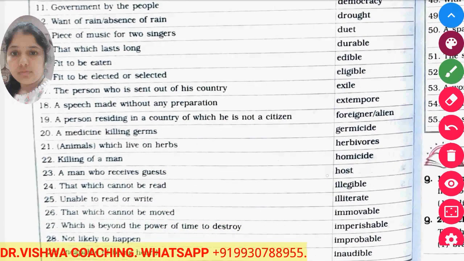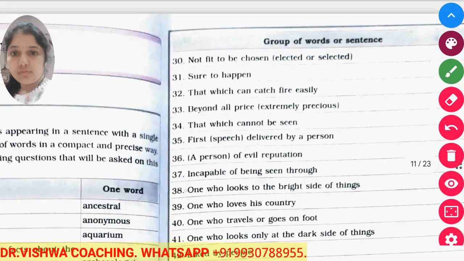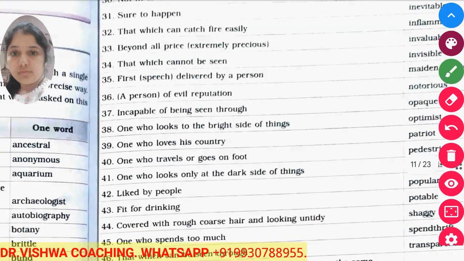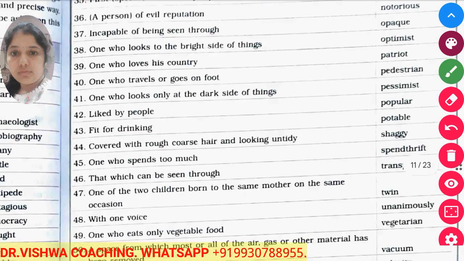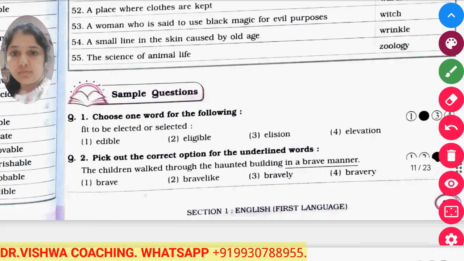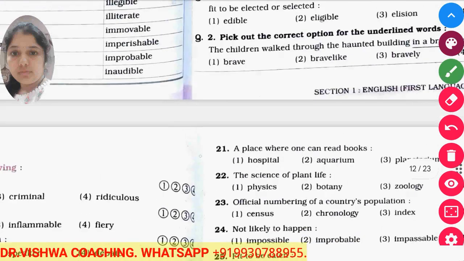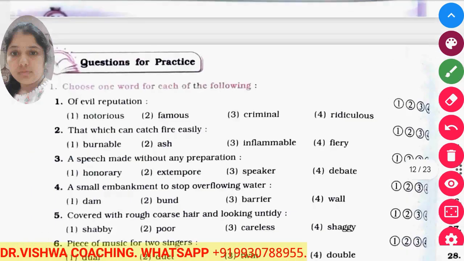So many words are there. You have to go through it because it will help you to solve the exercise. The list of words and their meanings are given here. For each group of words, the one word is given to you.